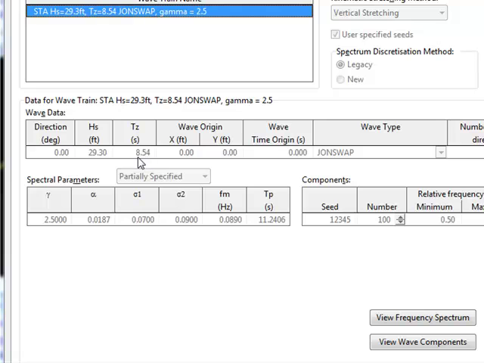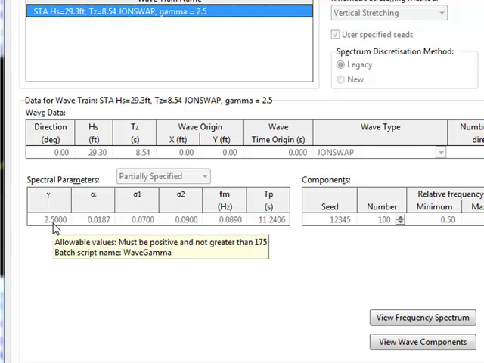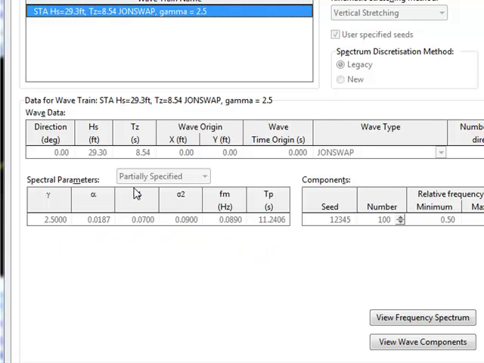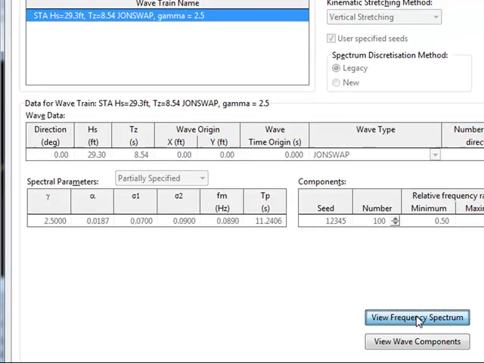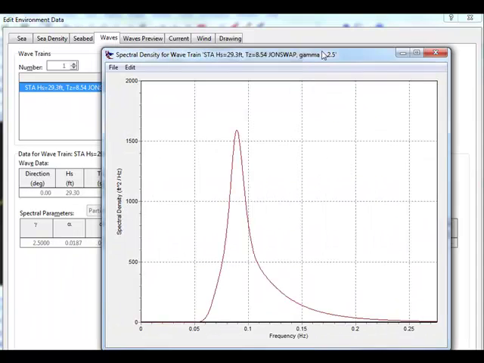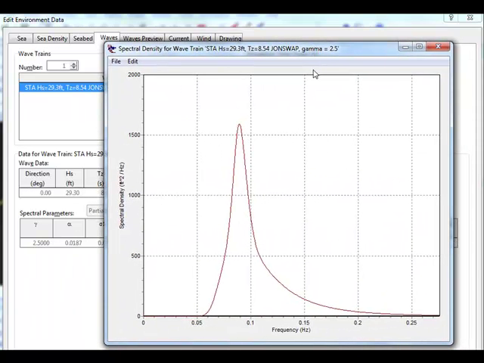Tz, the zero crossing period, is a control number put in as 8.54, and the gamma for the spectrum is specified as 2.5 in what OrcaFlex calls a partially specified spectrum, resulting in a peak period of 11.24 seconds. The frequency spectrum we can quickly look at is like this, described elsewhere.